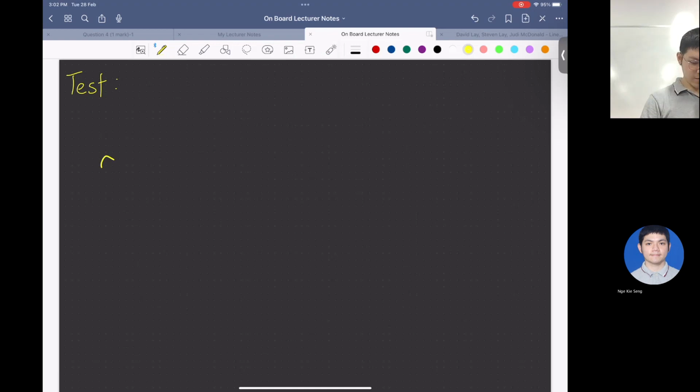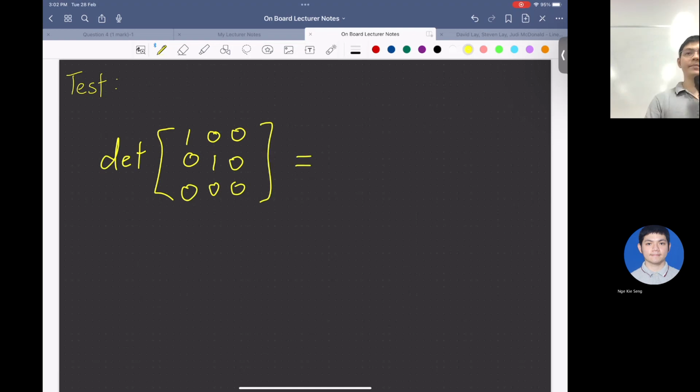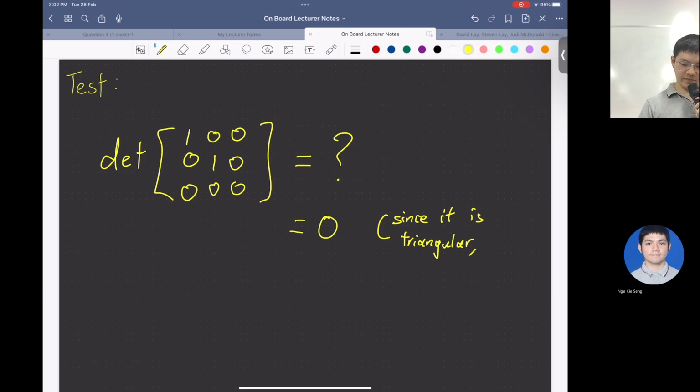If I ask you, what's the determinant of the following matrix? What do you think? What's the determinant of this matrix? 0. Why? Okay, it's a triangular matrix, so the determinant is the product of the diagonal.